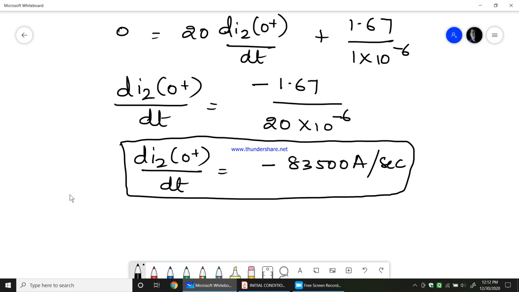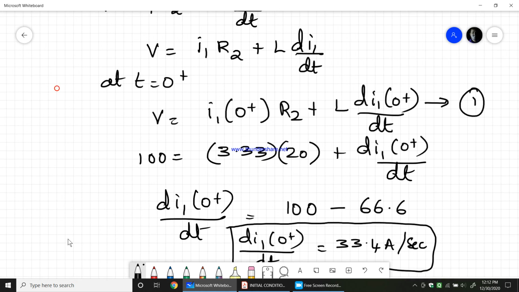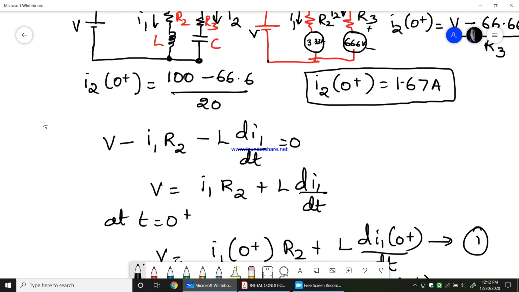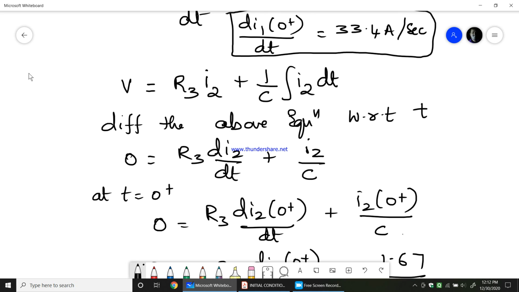Okay, so we have found the first derivatives of I1 and I2. Now if you want to find the second derivative of I1 and I2, you can differentiate this equation once again. So you get d square I2 by dt square and dI2 by dt, where dI2 by dt you can substitute.